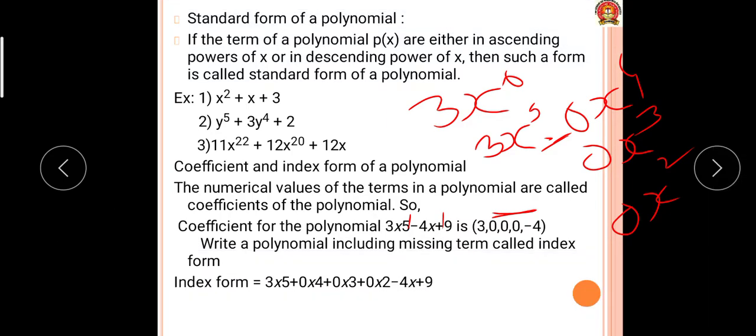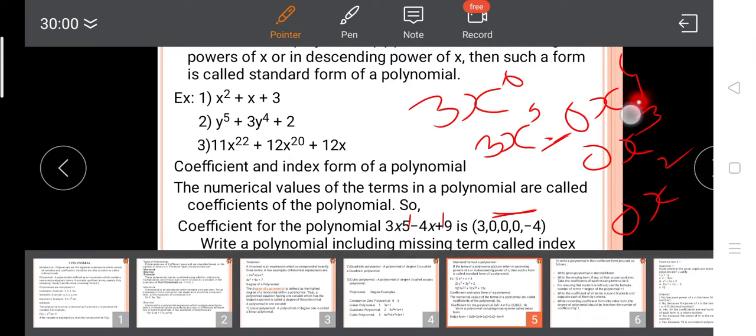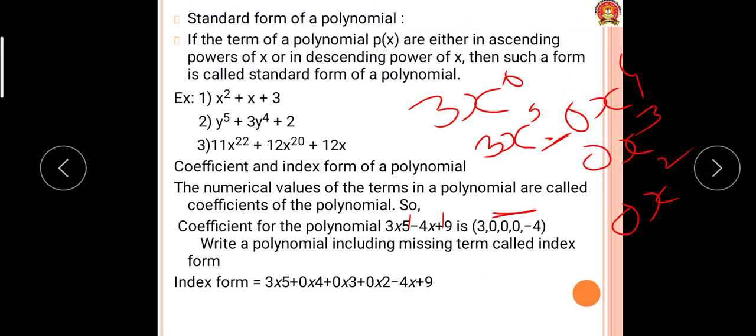If you observe, the terms in between 4x and 3x raised to the power 5 are of degree 4, 3, 2, but their coefficient is 0. If you write these terms, there is no change in the original expression, because the coefficient is 0. It means these terms are 0. But in the coefficient form, we have to write these terms by using 0, 0, 0. And last, that is minus 4, comma 9, you also have to write here.